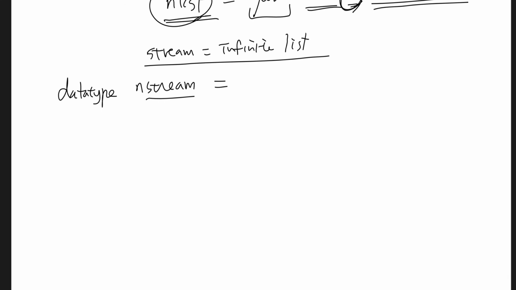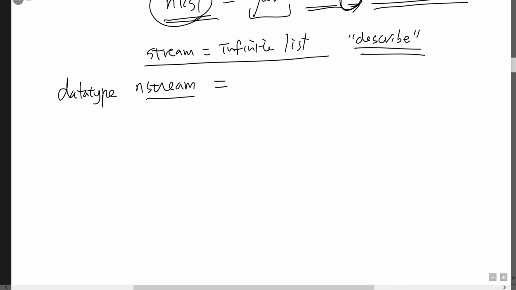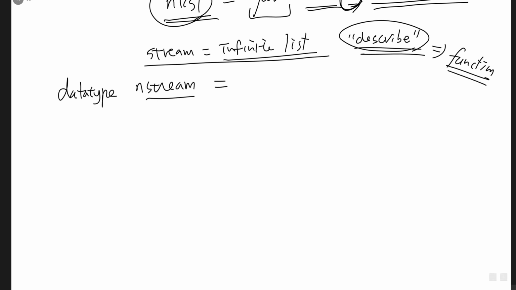So instead you have to describe how to generate every element in this infinite list one after another. And the only way to describe this process is to create a function. The conventional way of implementing streams in functional programming is to create the function that generates the individual elements.